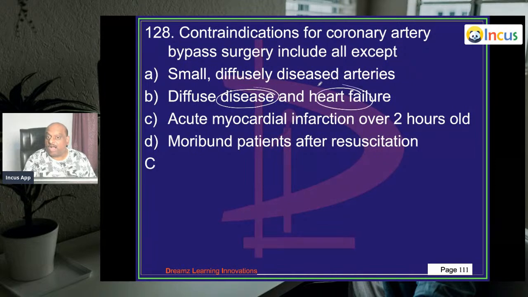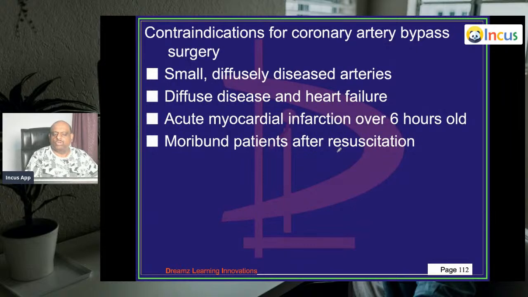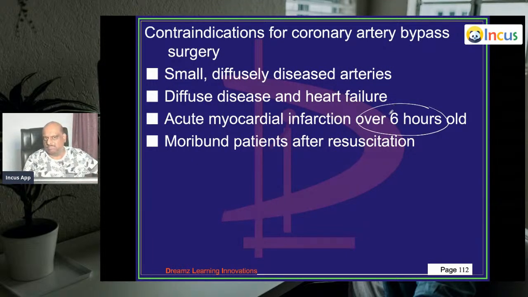Diffuse disease and heart failure if it is there, or if it is a small vessel. If it is a moribund patient after resuscitation, he is not fit for surgery. So you should know all contraindications for CABG. If any acute MI is over 6 hours old, then it is a CABG contraindication.